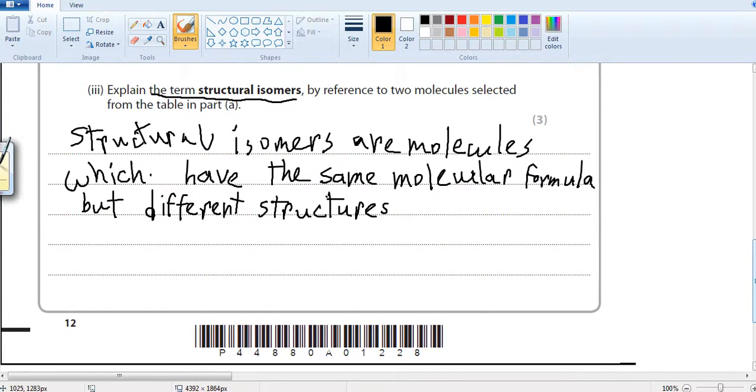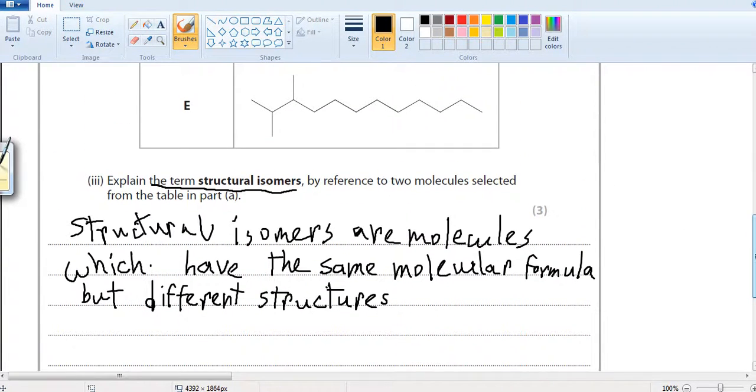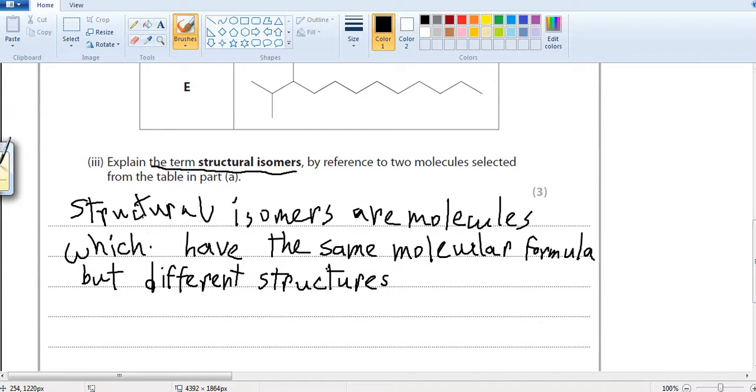Right, so this is the definition. Sorry for my bad handwriting. I know that my handwriting is really bad. So let's get back to the question. Let us review the definition again.